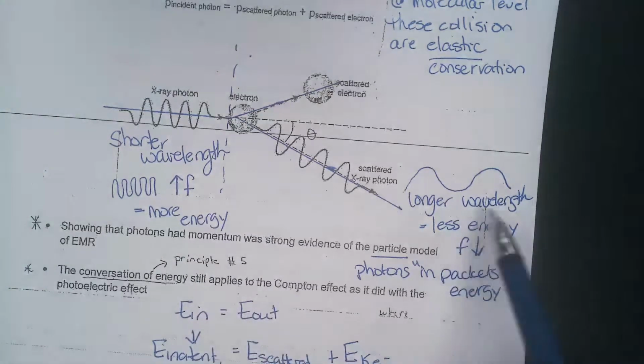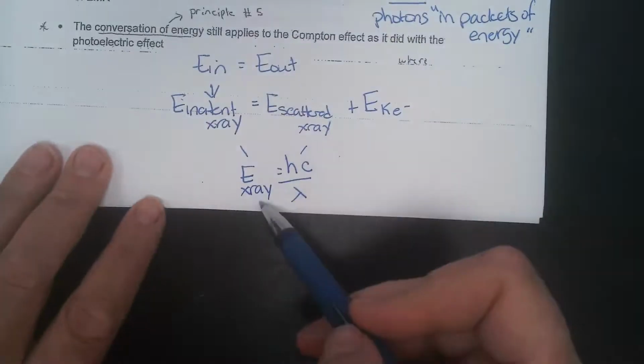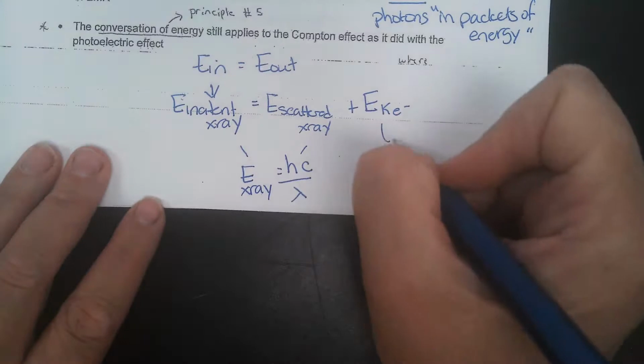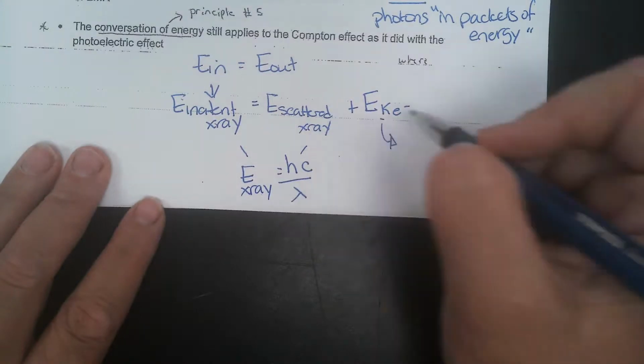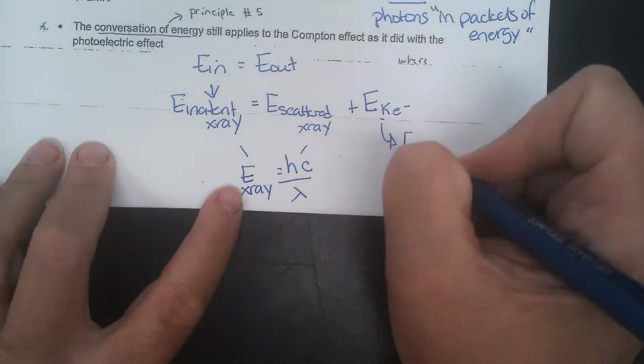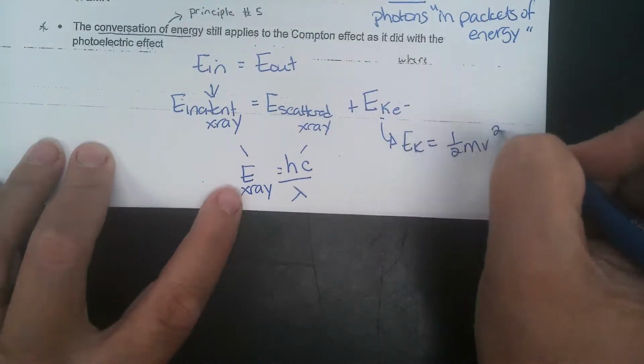If I have a longer wavelength, I have less energy, I have less frequency. So we can say that energy for the X-ray can be determined this way. And then kinetic energy of the electron, because the electron's been ejected, it's in motion. EK is going to be equal to 1/2 mv squared.